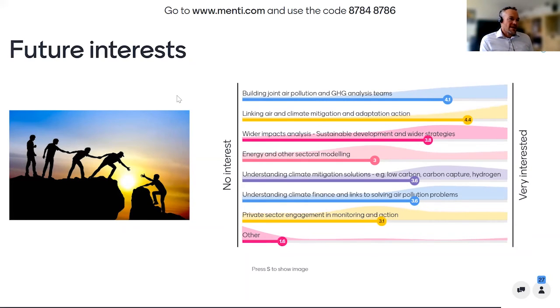And then linking air and climate mitigation adaptation action is another important aspect that I've seen internationally, because a lot of the time when we look at change and things we're trying to do for our own social, economic development, they have a multitude of different impacts on air pollution, on climate change, and even on how resilient we are to the outside environment.